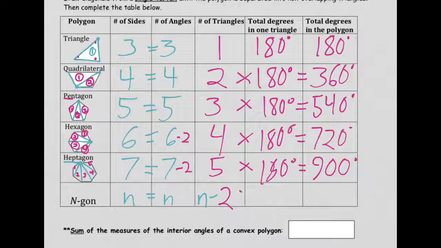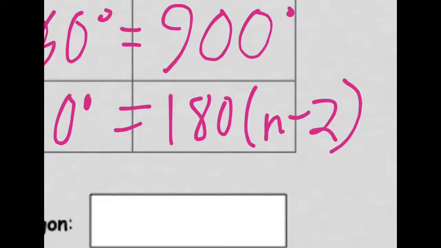And then however many that is, you're going to multiply times 180 degrees, because that's how many degrees are in each of your triangles, and that's going to give you 180 times (n minus 2). So however many sides you have, this right here is going to be the equation for the total amount of degrees in your interior angles. All of your interior angles in your n-sided polygon are going to add up to this.